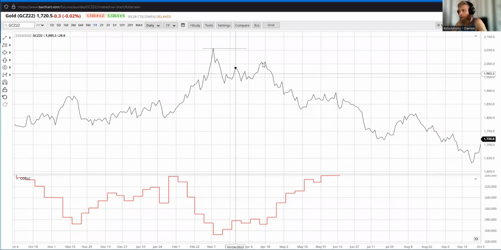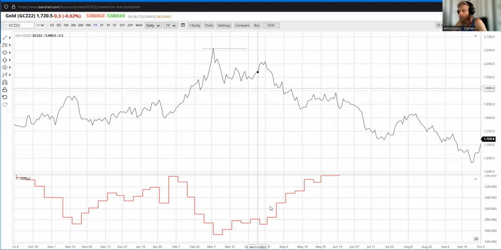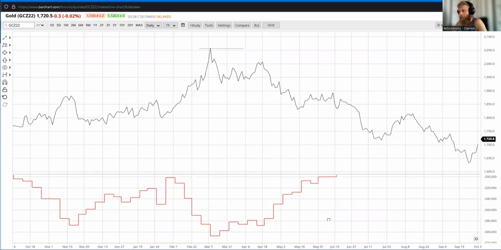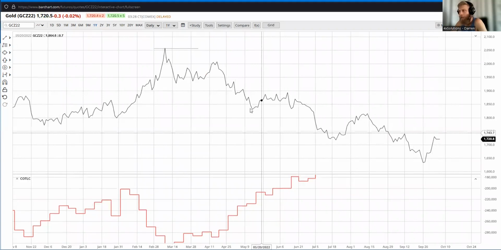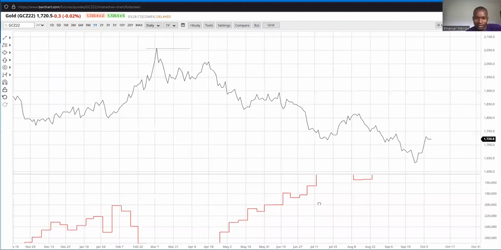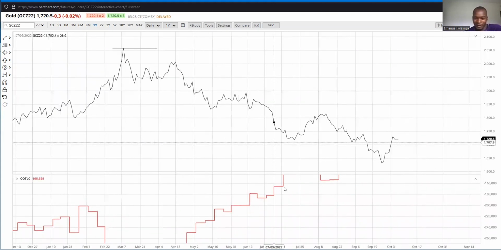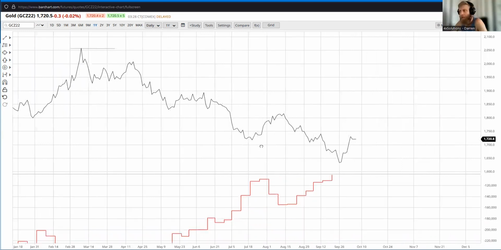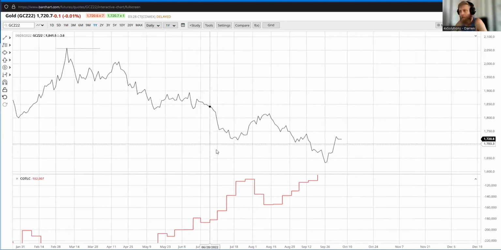COT data goes up, price goes up. Price goes down, COT data goes up. What's happening? It's still going up. COT data is still going up.